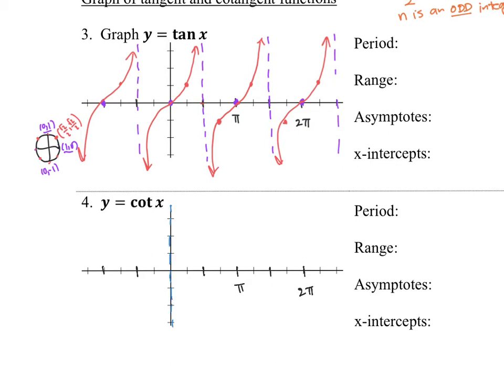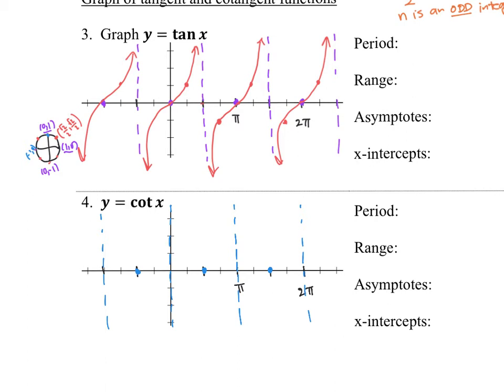If I go up to pi over 2, 0 divided by 1 is 0. When I go to pi, -1 divided by 0 is an asymptote. So I can already see asymptote, 0, asymptote. If I went in the other direction, 0, asymptote. This is pretty good. I do know it's going to go up on one side and down on the other side, so I just need to figure out which side's going up and which side's going down.